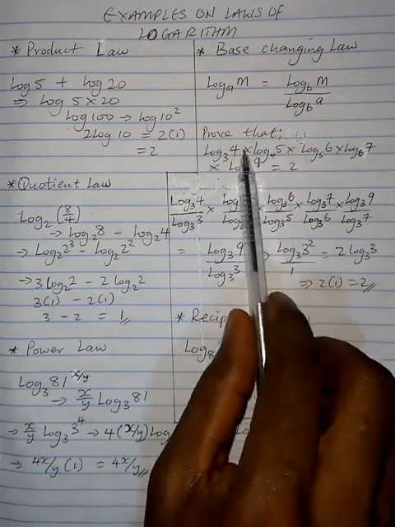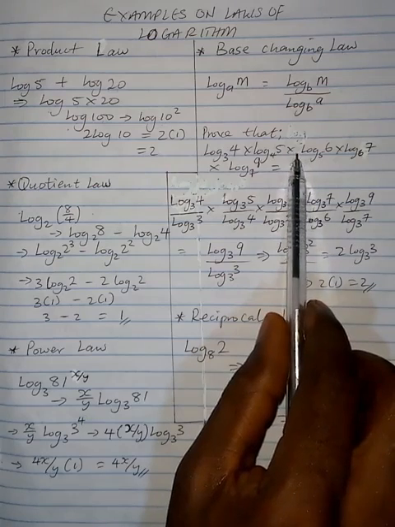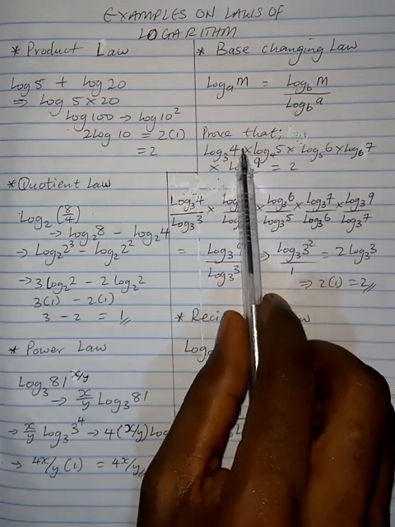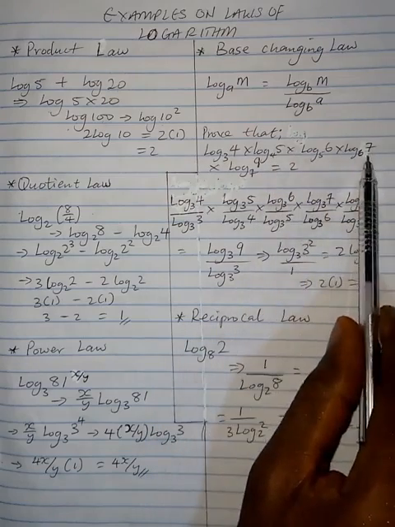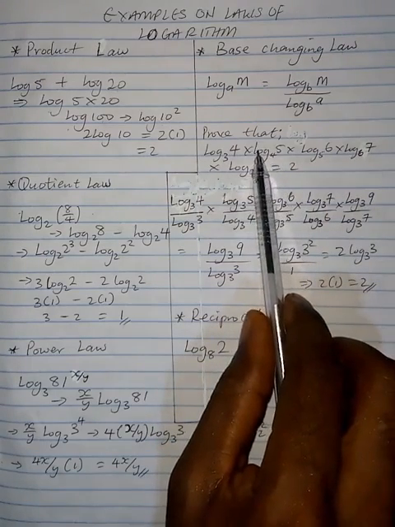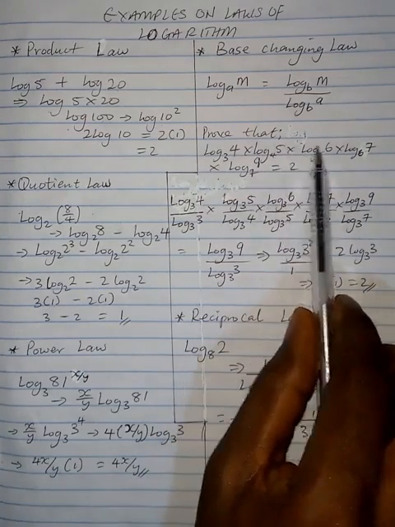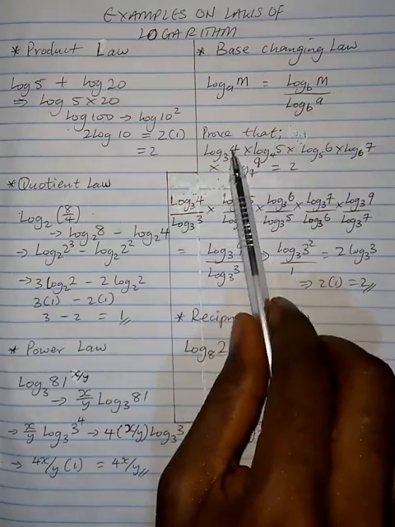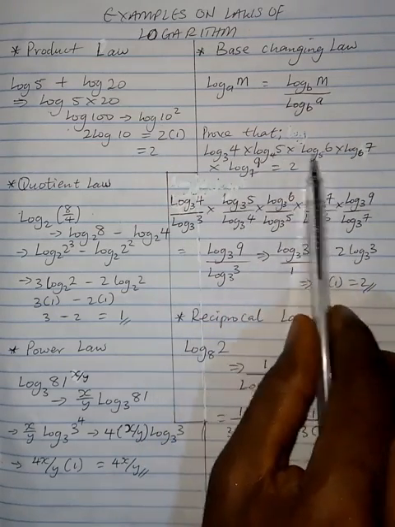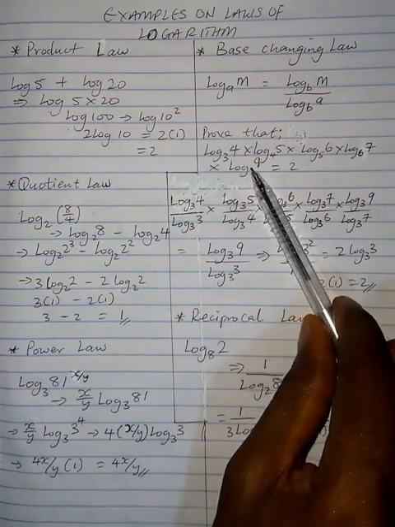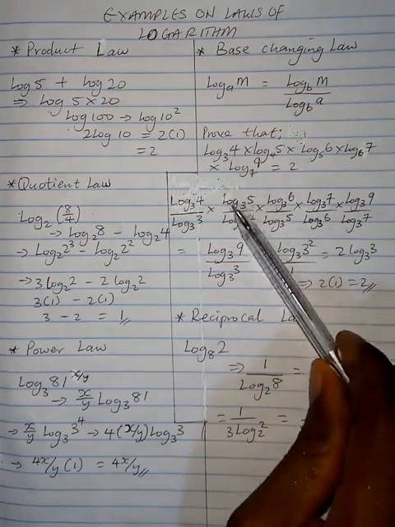We cannot apply multiplication law here, because each term here is having its own logarithm. So had it been they were having plus, we cannot extract the logarithm, but since it is times and they are still having their logarithm, it is still not possible. In other words, we can now apply that base changing law.